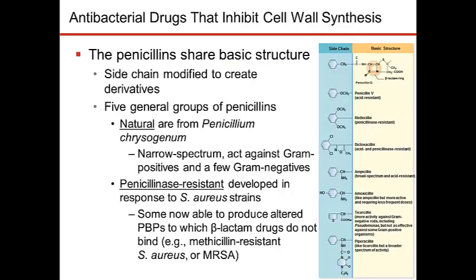At the same time, the effectiveness of penicillins against gram-negative rods has been increased by researchers making a series of chemical changes in the penicillin side chain structure. These changes have been made to keep pace with the development of resistance to penicillin by the bacteria, a microbial arms race.